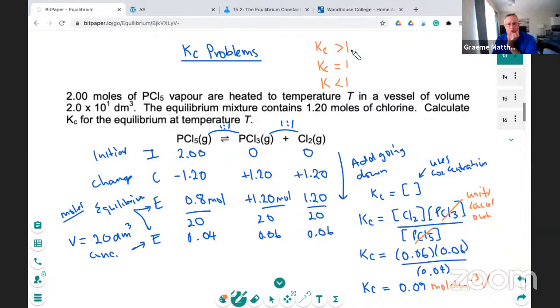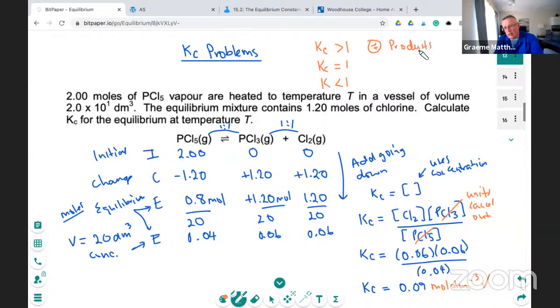If Kc is greater than 1, this must mean that the products are larger than the reactants, because in the fraction the numerator has to be larger than the denominator. And so the equilibrium sign is going to favor products.